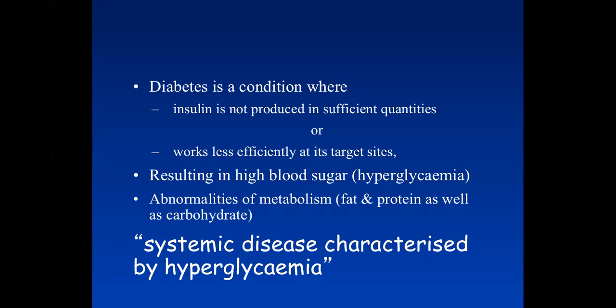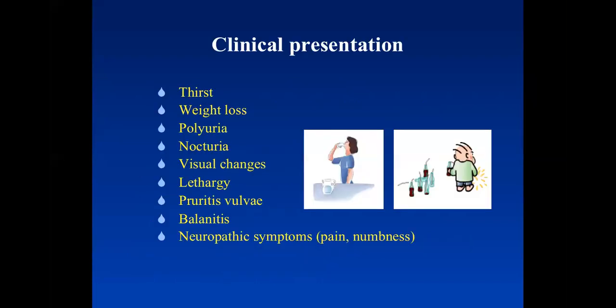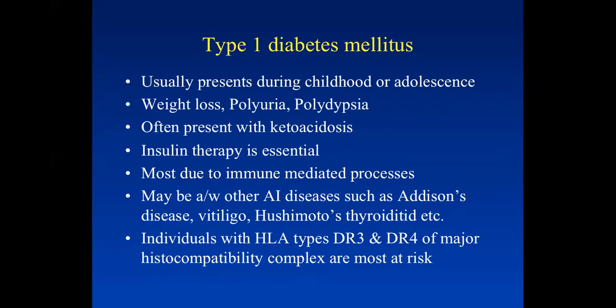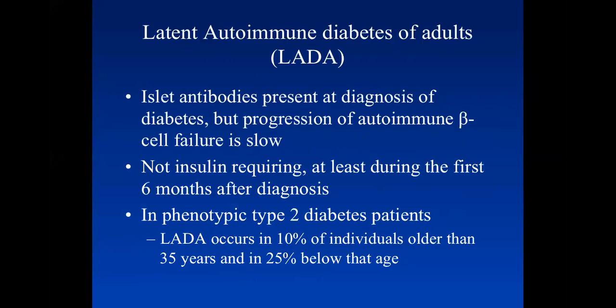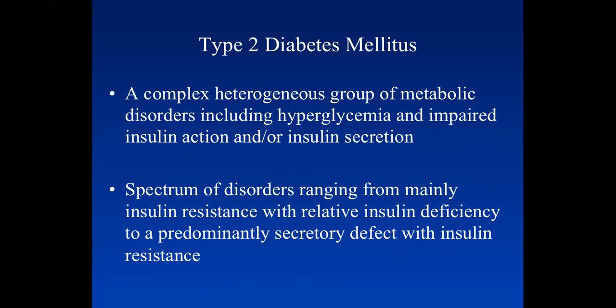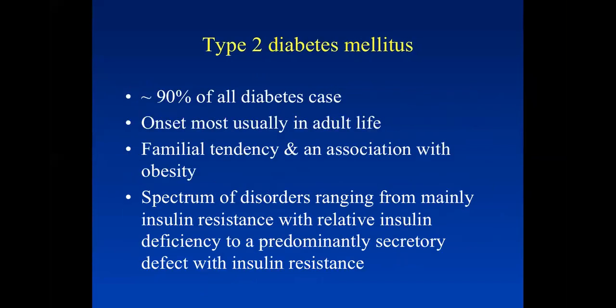Diabetes is a condition where you have insulin deficiency or insulin resistance causing high blood glucose levels in patients. These are the classifications. You learned everything, but I'll leave the slides if anybody wants to refer to them.